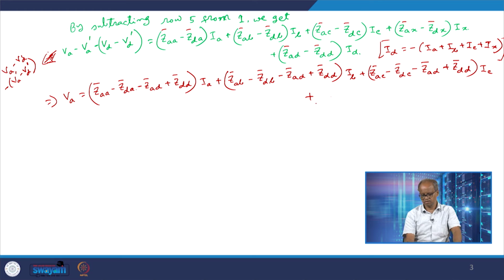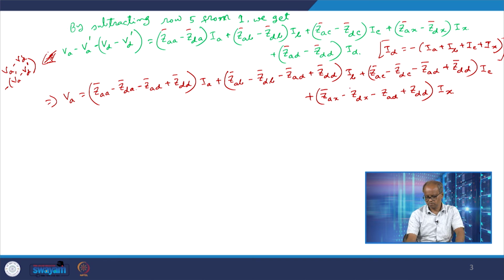Plus ZAX minus ZDX, ZAD, right? So we can do these similar operations for VB, VC and VX.